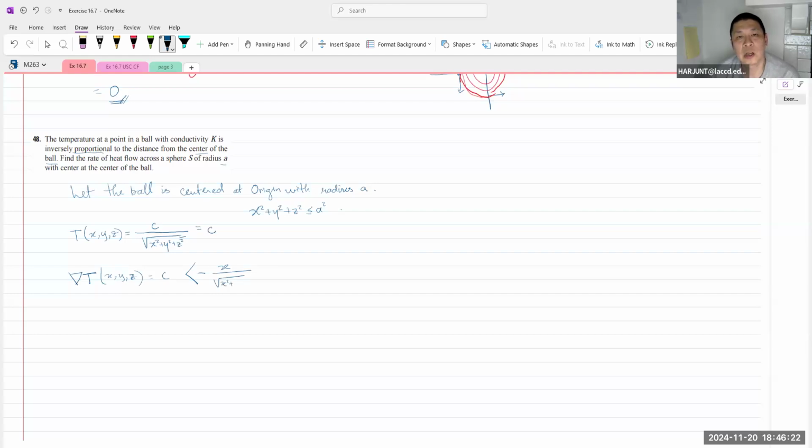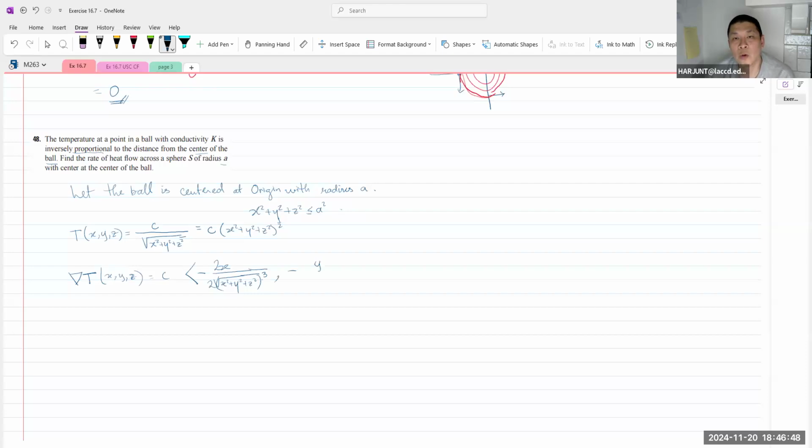This is c times x squared plus y squared plus z squared to the power of negative 1/2, so it will give me negative 1/2 at the bottom and then 2x. And then I need to cube that, because it's 3/2.